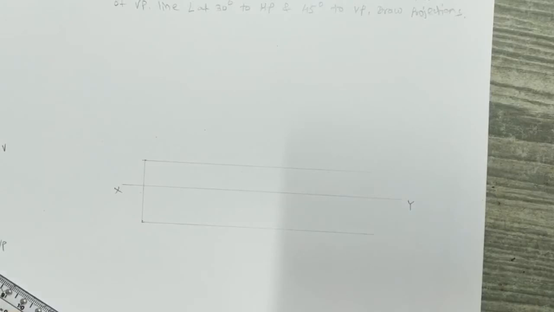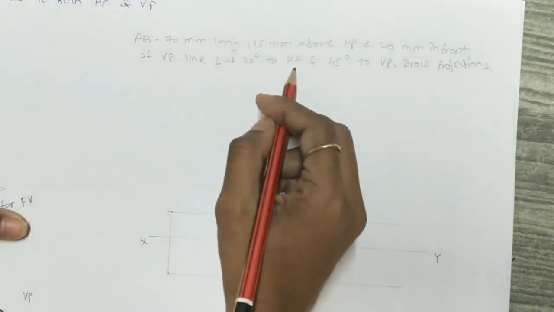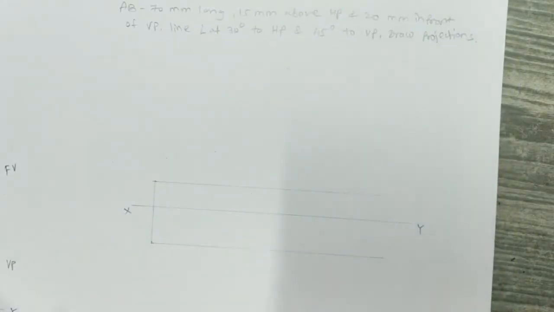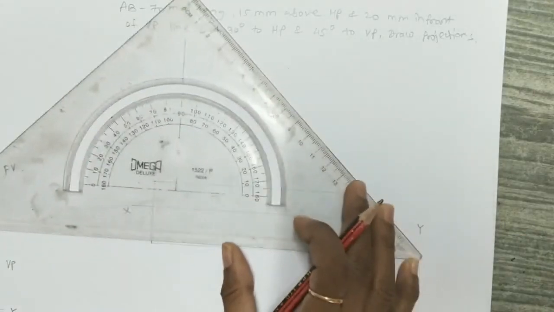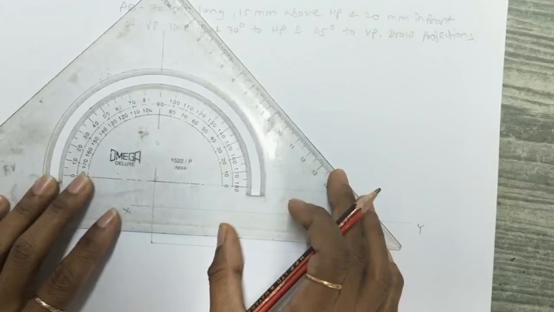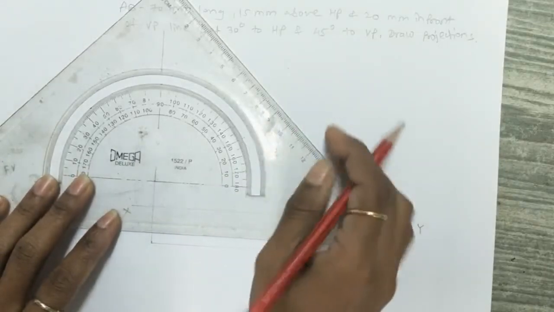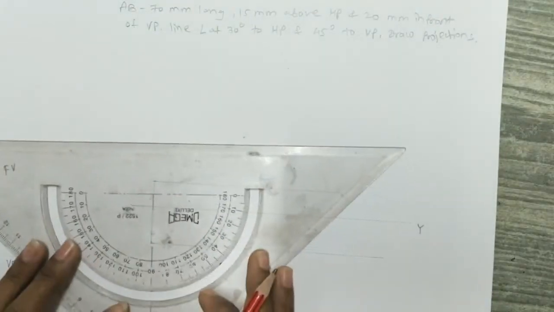Now the next procedure is to take the angles which are given, that is 30 degrees to HP and 45 degrees to VP. So measure the angle 30 degrees to HP and 45 degrees to VP.